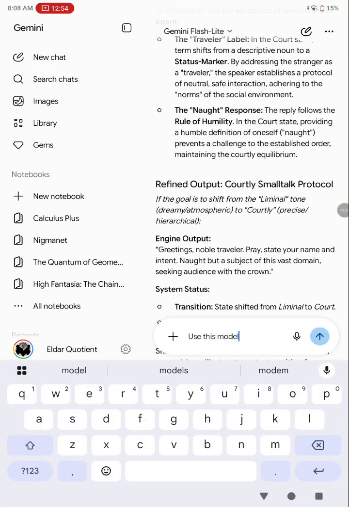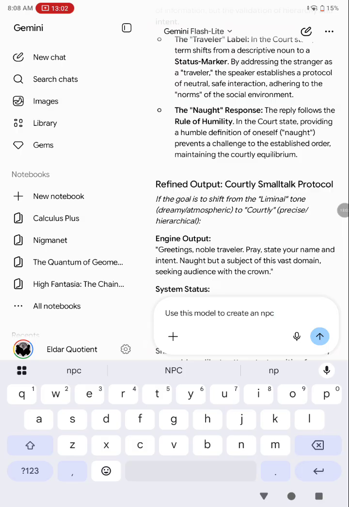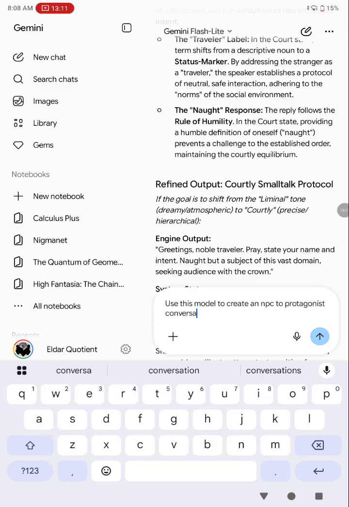Now, use this model to create an NPC and protagonist conversation about merchandise and goings about the entire realm.